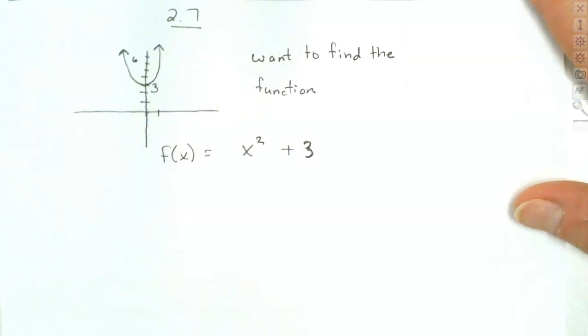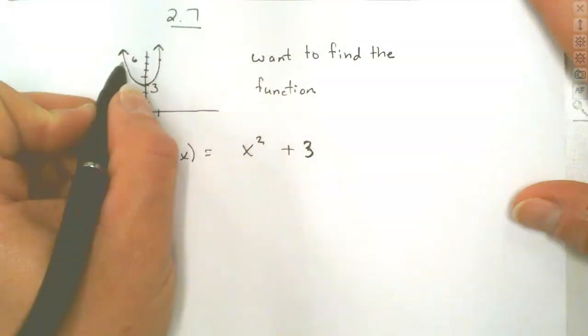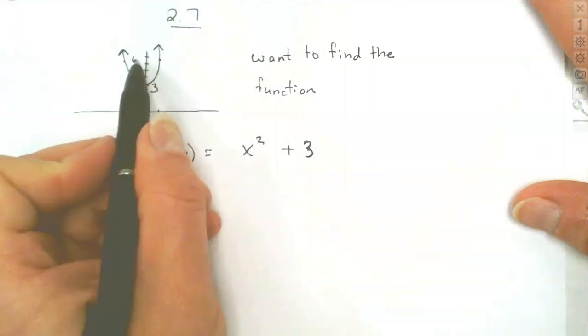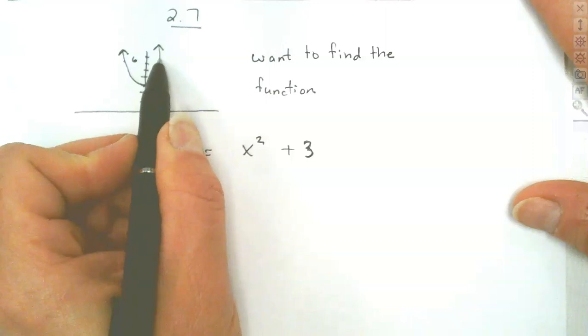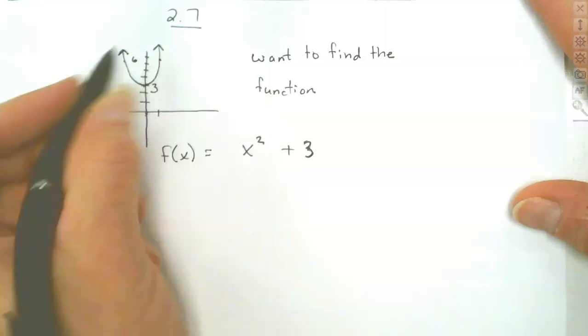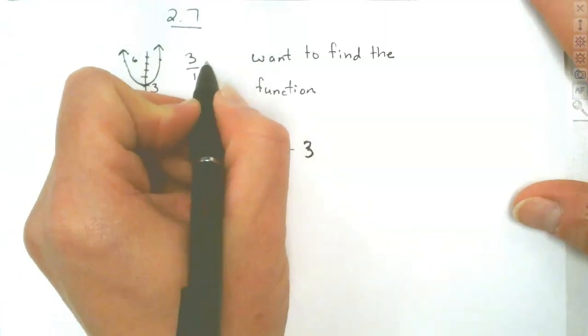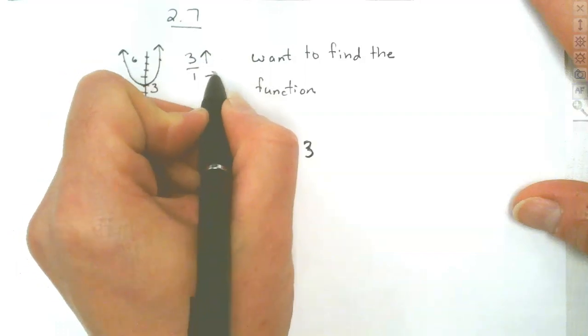And what about the number in front? Well, I'm going to try to draw it the best that I could. The number in front, we're going to have to go up 3, up to 6, and then over 1. So the number in front will be a 3 over 1, because we went up 3 and over 1.